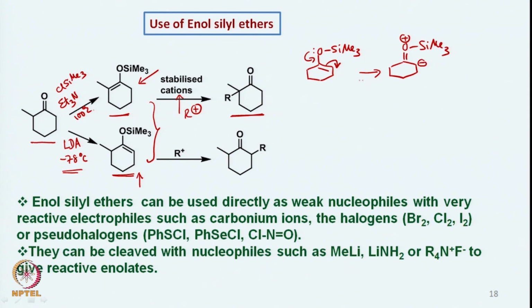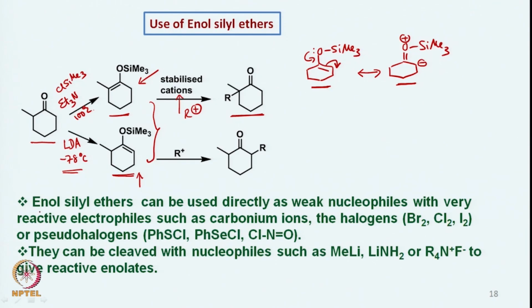So if we look at this type of resonance structure is not particularly favored, this is more favored, and therefore enol silyl ethers are relatively poor nucleophiles, and they react only with strong electrophiles.